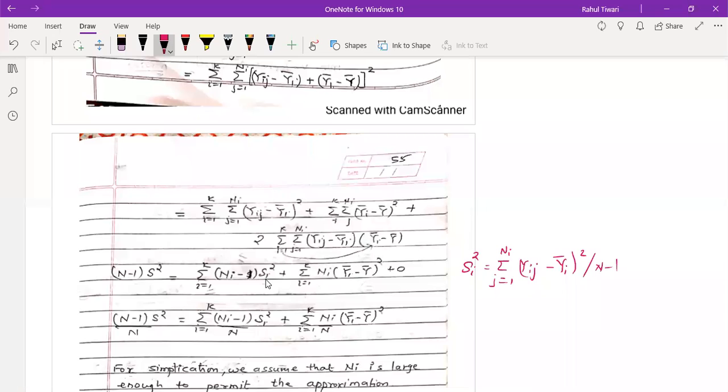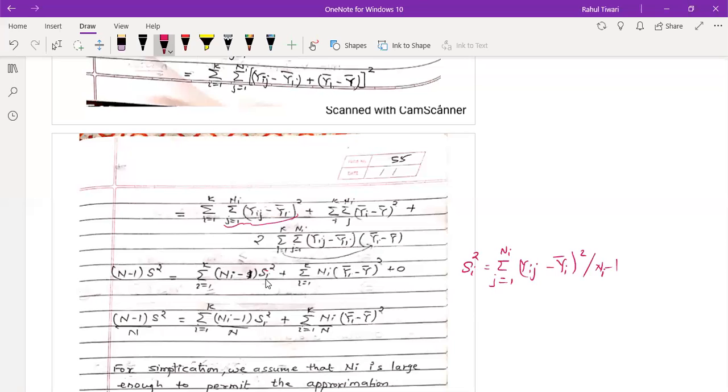Yes, Ni minus 1, right? Okay, and then we have this quantity. So this quantity becomes, I can write Si square into Ni minus 1. So you can see, this whole quantity will be replaced by Ni minus 1 into Si square.